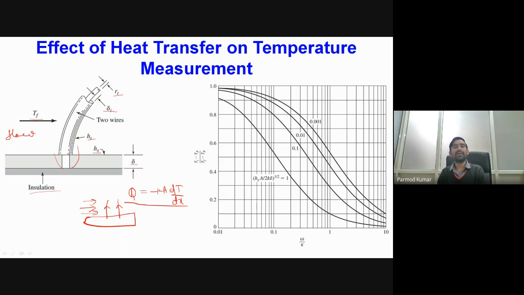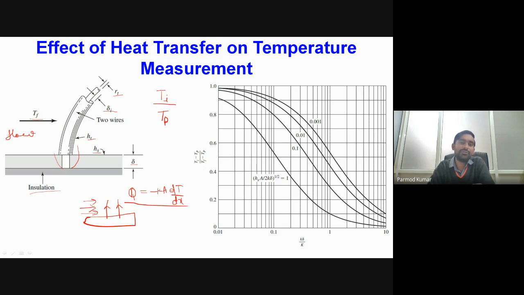Okay, in this type of situation, the temperature which we get from the thermocouple, let us call it Ti. Here Ti is the temperature indicated by our thermocouple. Another temperature we have is Tp, which is the actual temperature of the plate surface.